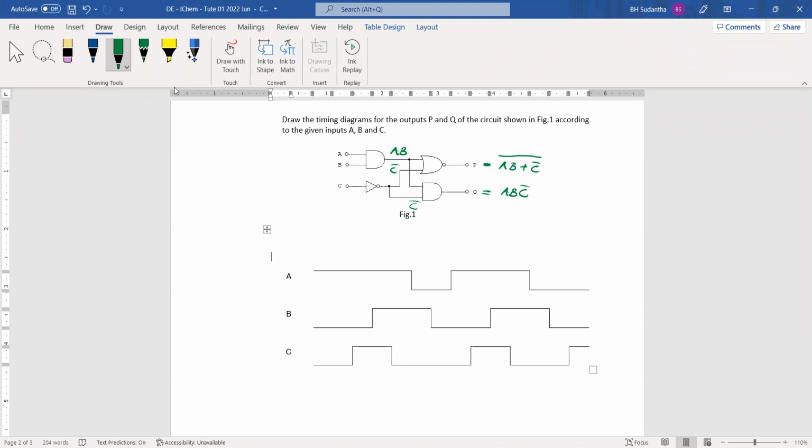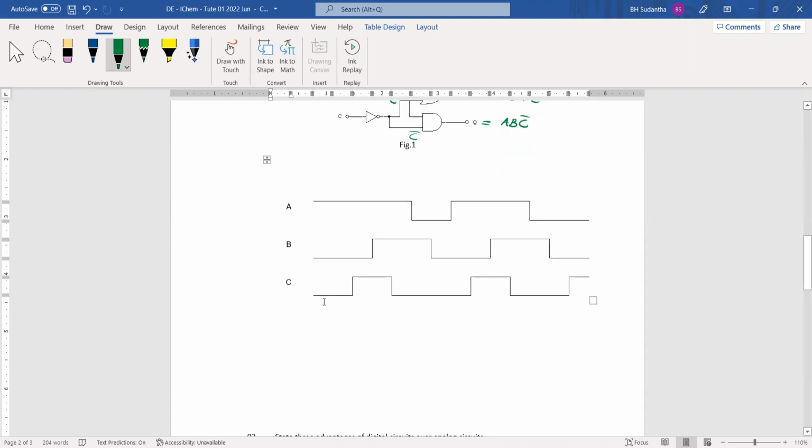There are many methods you can use to draw these timing diagrams here. But actually when we draw these, we have to prepare a table for this, then it will be easy.